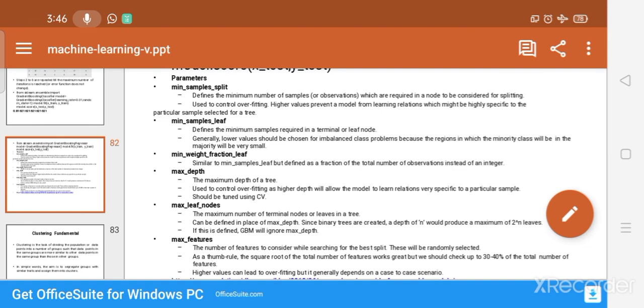Maximum depth of the tree will be defined by the max depth. How many max leaf nodes there should be will be decided by the max leaf nodes. And how many maximum features should be considered to find the best split will be defined by the max features. So this is all about gradient boosting.